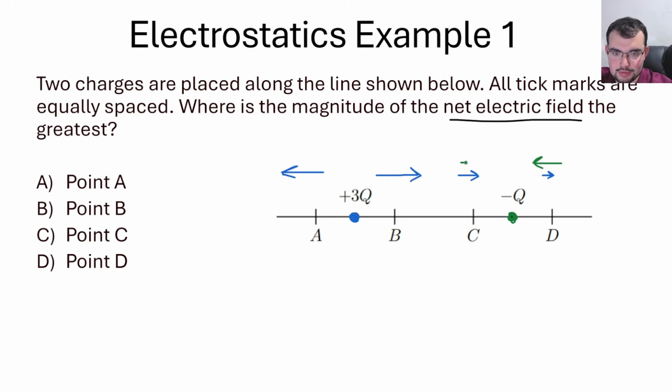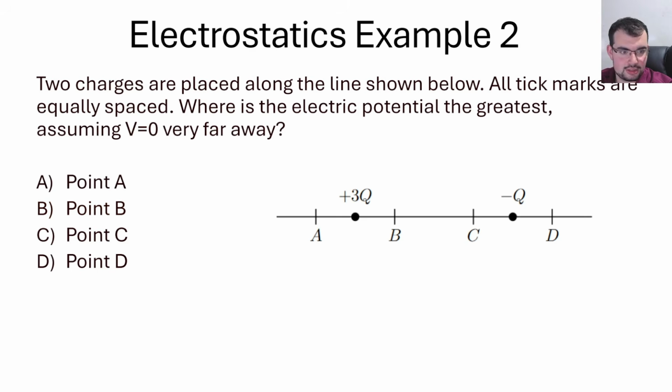Another large pull, a smaller pull, and then an even smaller pull. So we can see just based on these arrows that the fields are adding in this middle region, and the field would be greater at B because the 3Q charge is bigger, so it's a bigger source. So the fields do add at B and C. It's just that B is closer to the stronger field.